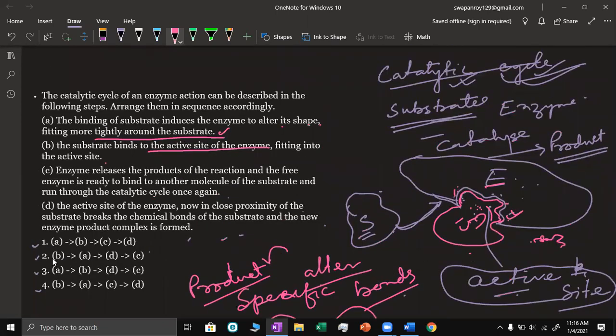Okay, so here it is B, after that A, then D, C. So this one is the answer.